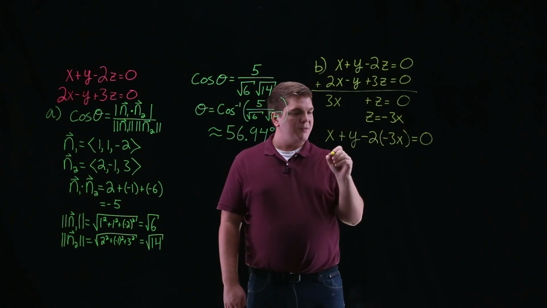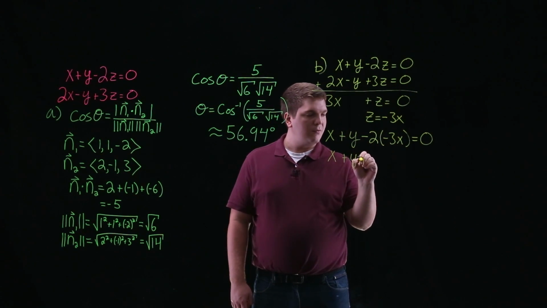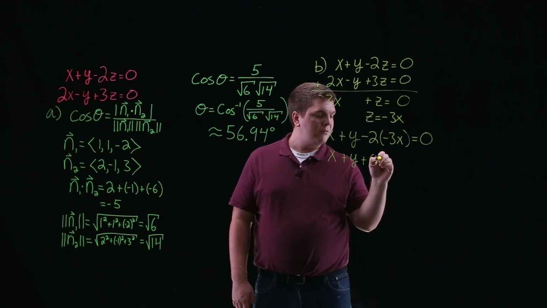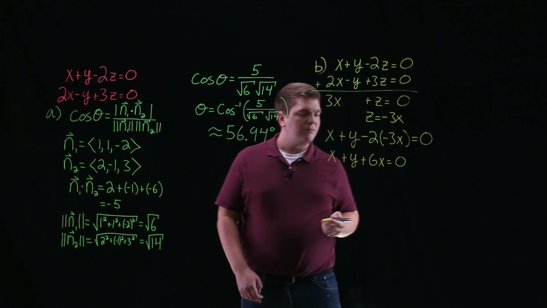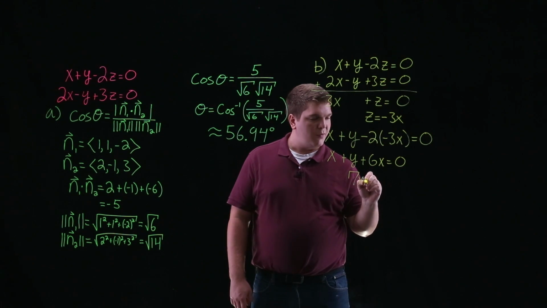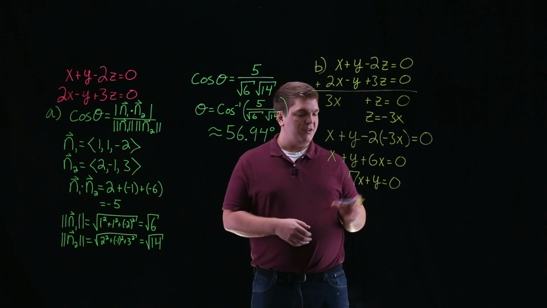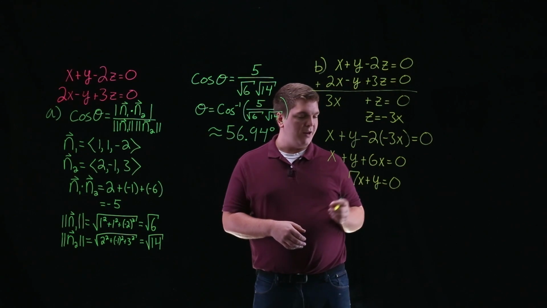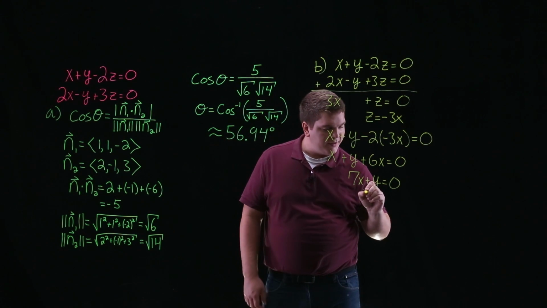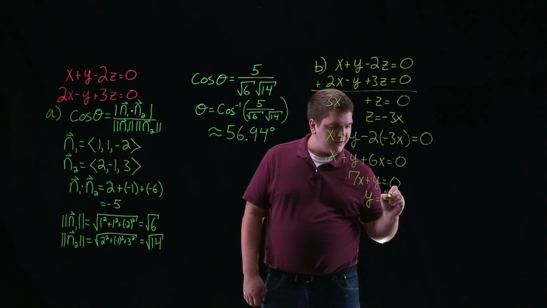So this equation becomes x plus y plus 6x is equal to 0. Well, this simplifies to 7x plus y equals 0. And here we can solve for y by subtracting 7x from both sides of the equation. So y is equal to negative 7x.